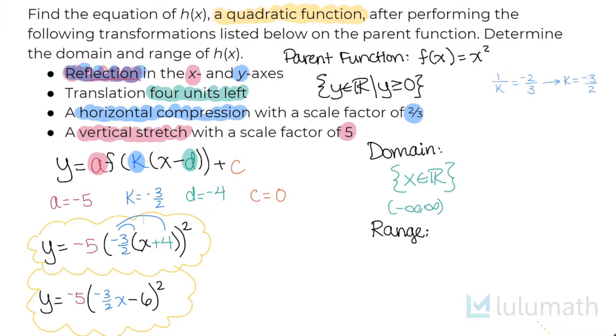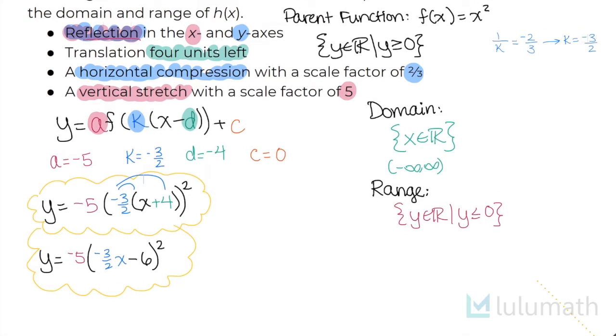If we translate our vertex 4 units to the left, it's no longer going to be at 0, 0. It's going to be at -4, 0, but my y value is actually staying the same. So then we can conclude that our range is going to be y is an element of the reals such that y is less than or equal to 0 this time instead of greater than or equal to 0. Or we can just say from -infinity to 0, including 0.